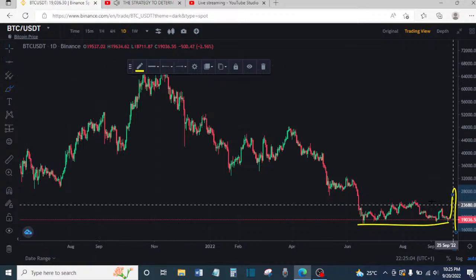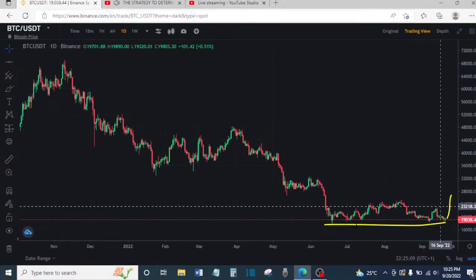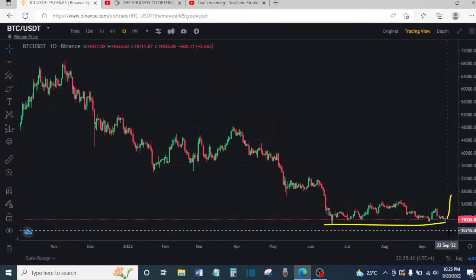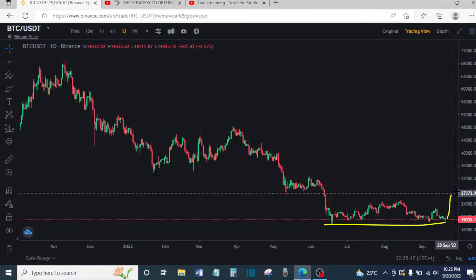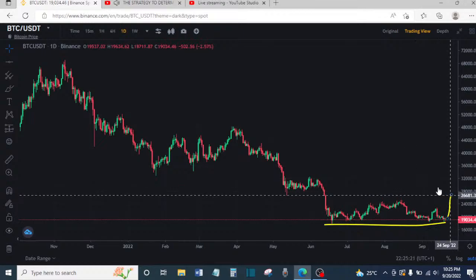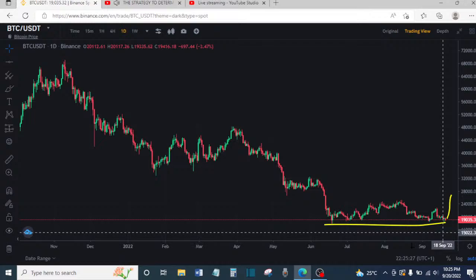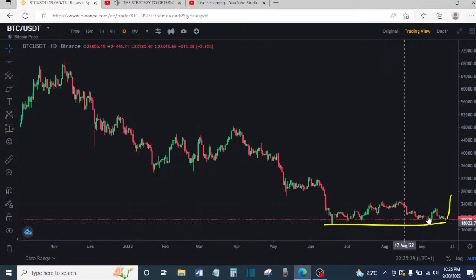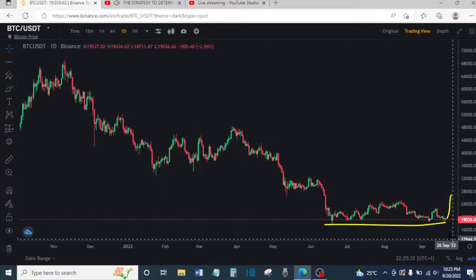This area in yellow needs to be taken out now. If this area can be taken out, then we can start having our move upward, and the possibility of price coming back down to retest this area may be lower, maybe very low.